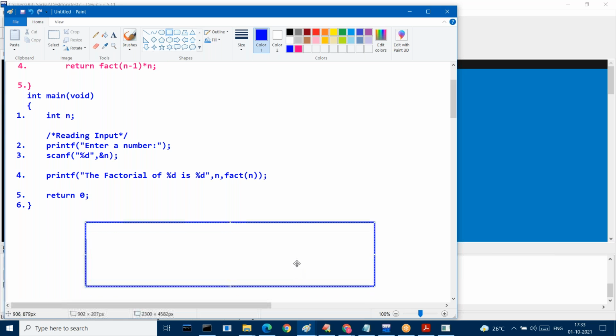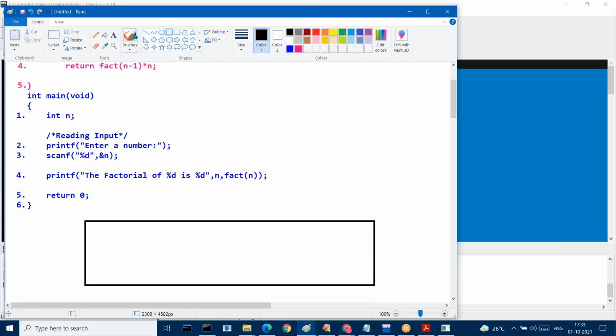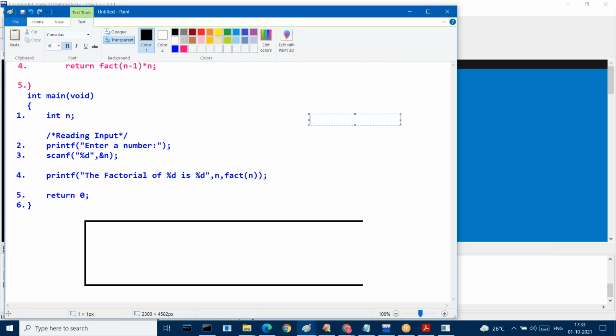What is that data structure? Stack. How many ends does a stack have? One end. If they ask which data structure is provided for recursion, you have to give the answer as stack.